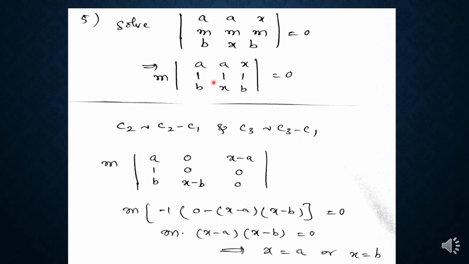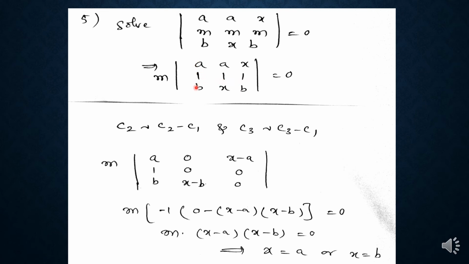First column one is there, second column one is there, third column one is there. So to make the ones in the second column and third column into zeros, we use column operations. So we are changing the second column and third column to make these two ones as zeros.